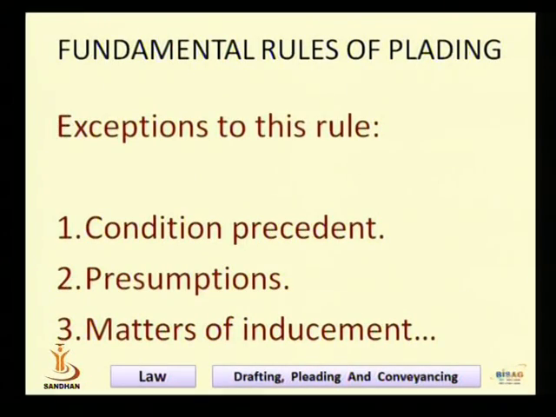Matter of inducement means related matters, which means matters relating to the original suit, some of which are not so important to be disclosed, but if disclosed in the plaint or written statement, the material facts become more important.